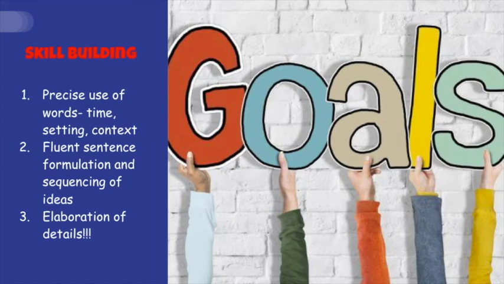It's really targeted at building some specific goals for our writing. It targets developing our ability to use precise words like time, setting, and context. When did this happen? Where did this happen? What else was going on? It also helps us with our fluent sentence formulation and sequencing of our ideas.